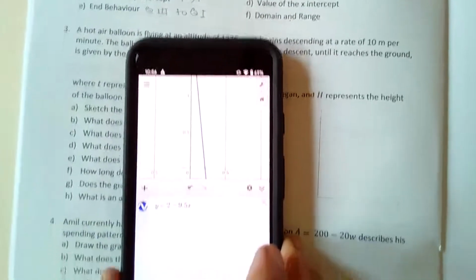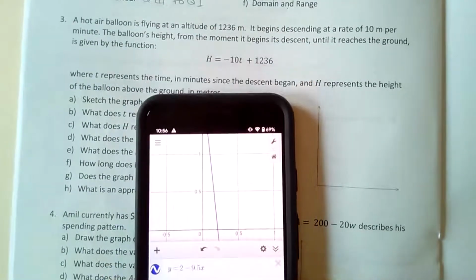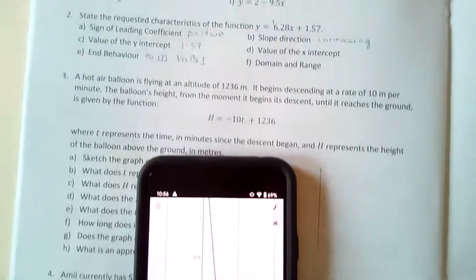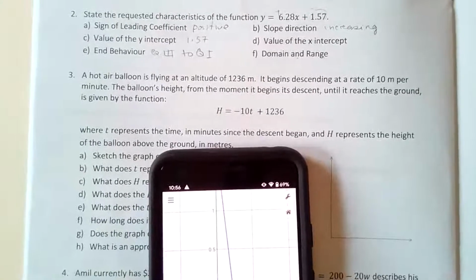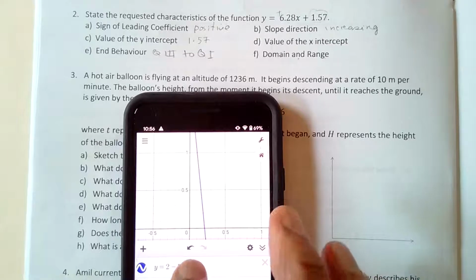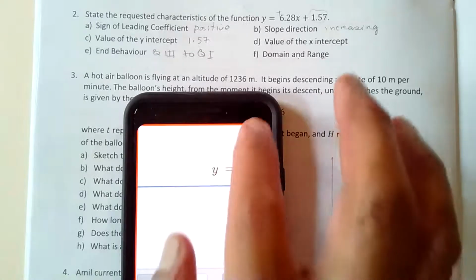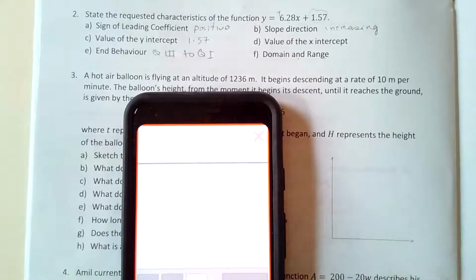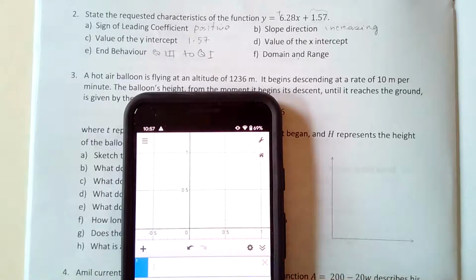So the first thing I want to do is to enter my equation. Make sure I got this all right here. I'm going to change this equation here. It's acting up.